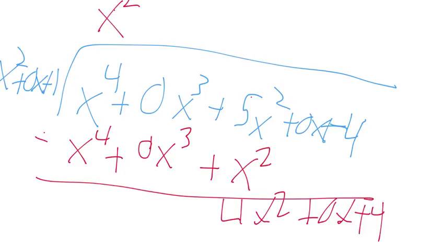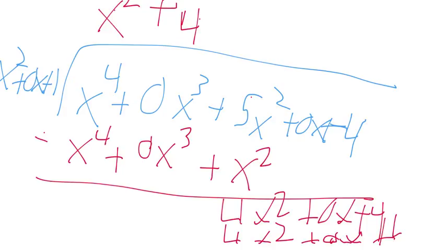Now you multiply x squared by 4 to get 4x squared. 4x squared times 0x would be 0x. Now 4 times 1 would be plus 4. You notice we're subtracting the same thing from itself, so everything cancels out and we're left with 0.